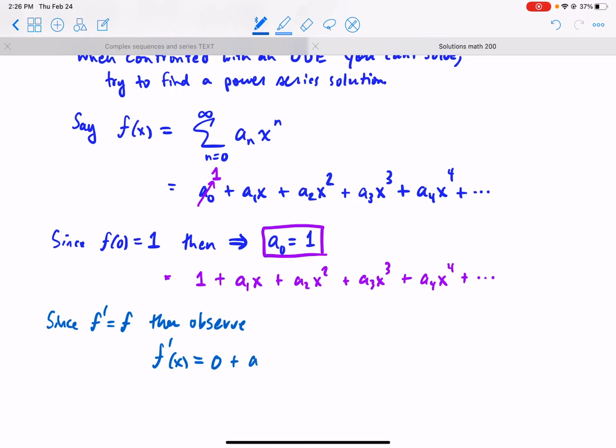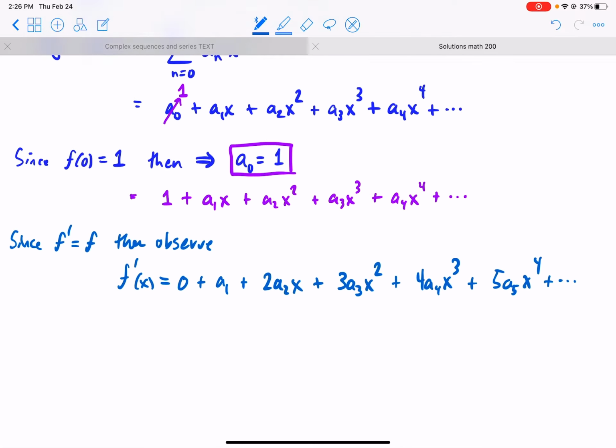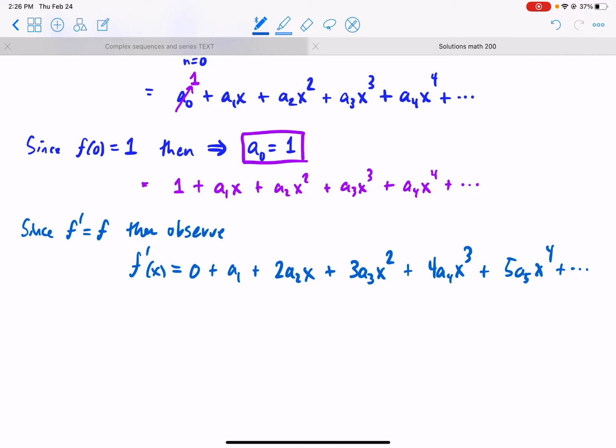So 0 plus a1 plus 2a2x. Now, we want this to equal f of x. But what was f of x? It was 1. Sorry, let's shift it over. 1 plus, well, a1x, a2x squared.